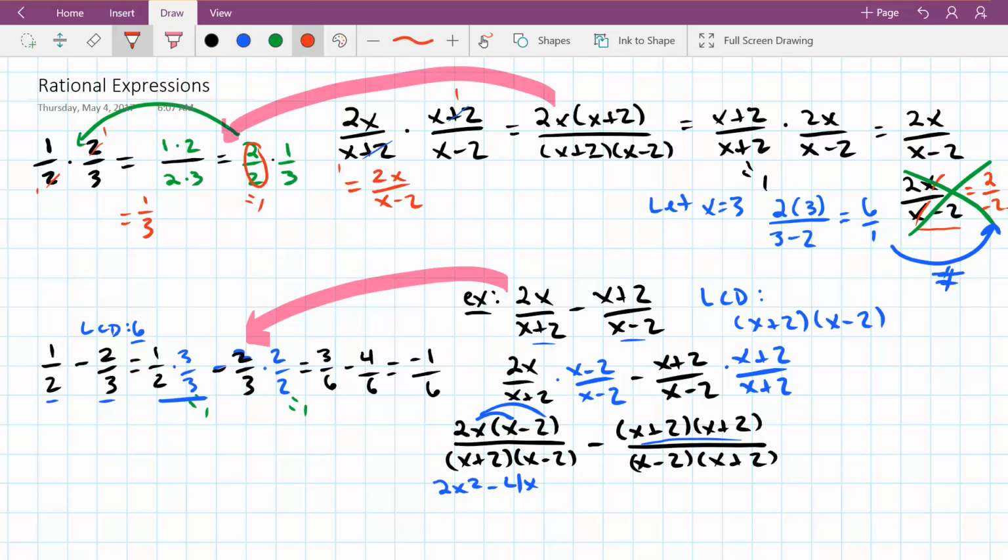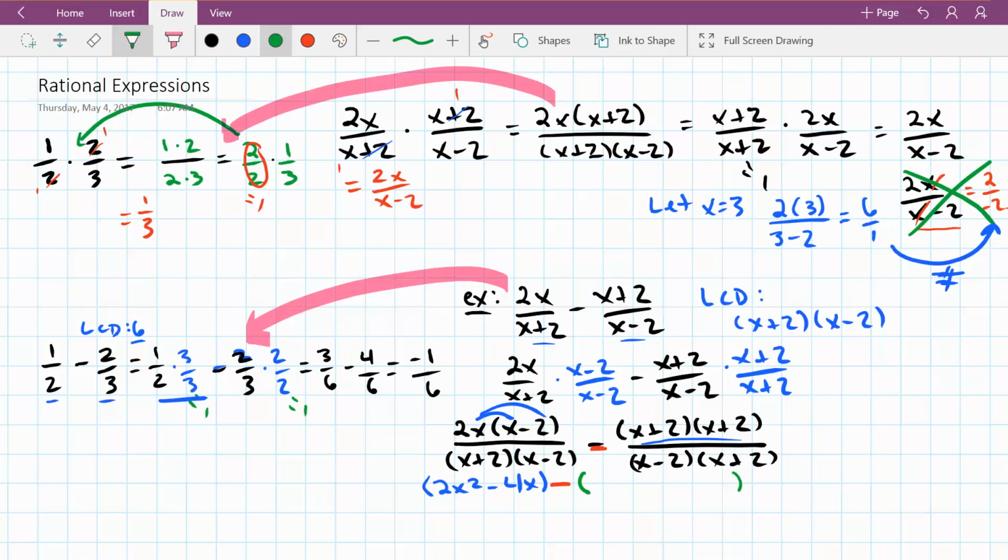Now we have this minus. It's common to group our first fraction and then our second fraction, especially with a negative, because then it helps us remember to subtract everything that's in here.